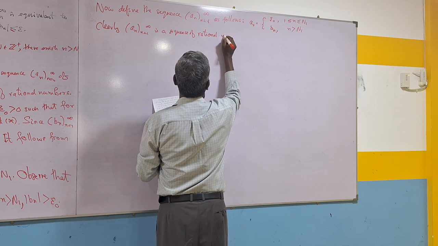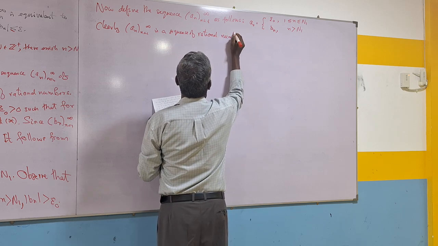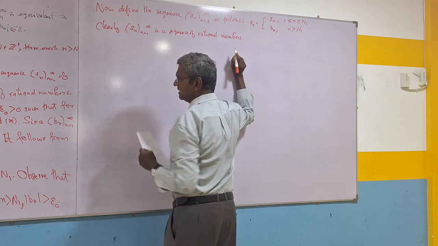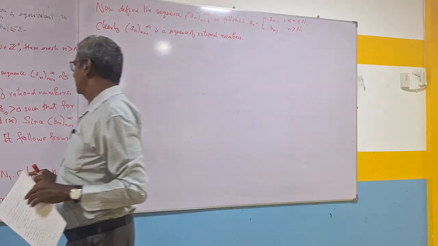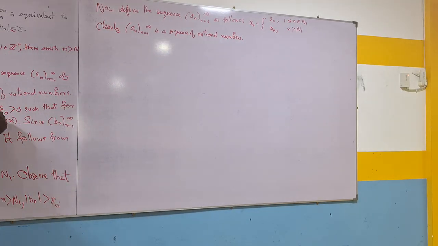It's a sequence of rational numbers because this epsilon 0 is rational. There is epsilon greater than 0, but let me write the word rational. And Bn, of course, is rational. So the whole sequence is rational.